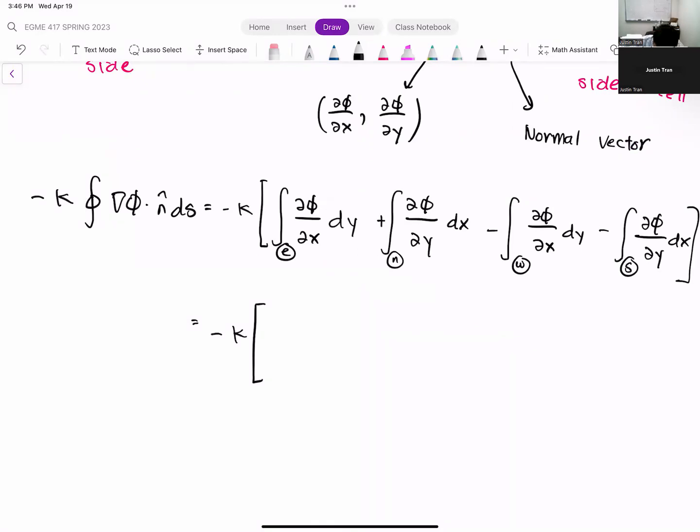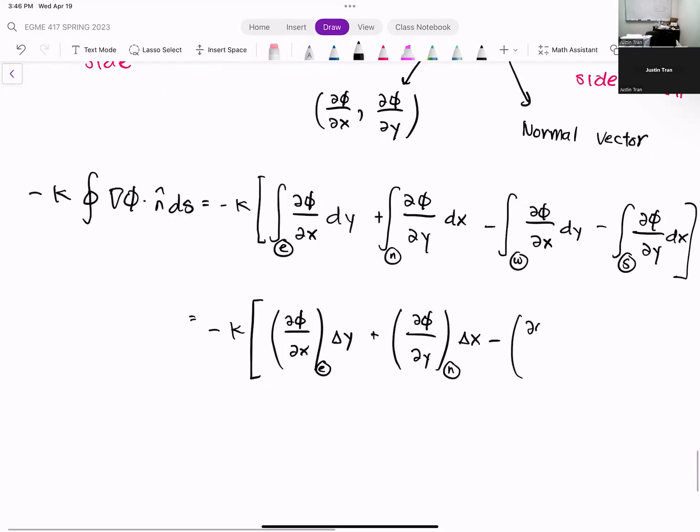Okay, so if we apply the trapezoidal rule, we get partial phi partial x evaluated at the middle of the east face, delta y, plus partial phi partial y evaluated in the middle of the north face, delta x, minus partial phi partial x on the west face, delta y, minus partial phi partial y on the south face, delta x.